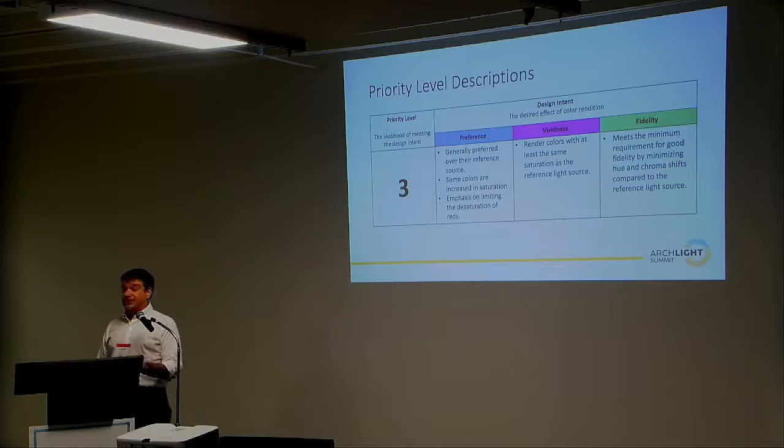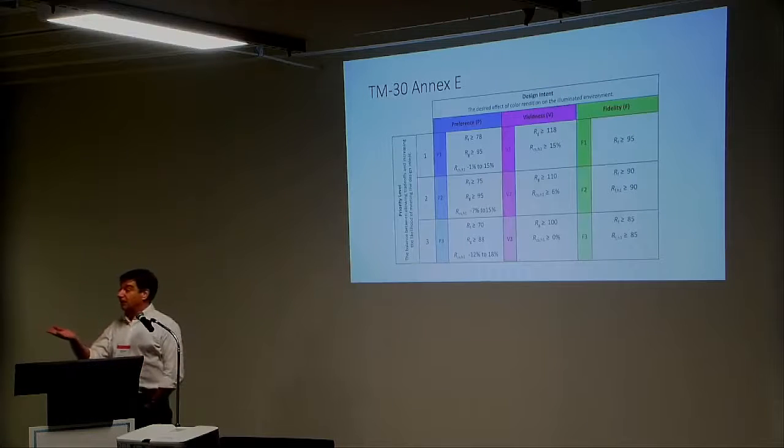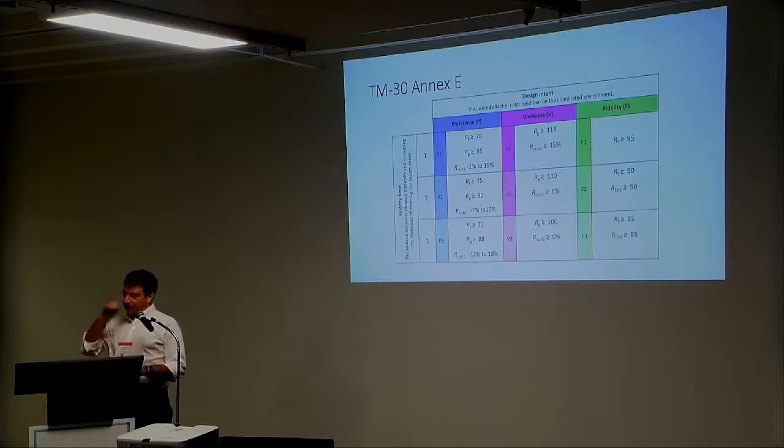Priority level 3, it's not that you're not going to meet that goal, but you are less likely to meet that goal than if you had a light source that qualified for a priority level 2 or a priority level 1. You have this card, right? So these are all of the values for each of these 9 priority levels and design intents.